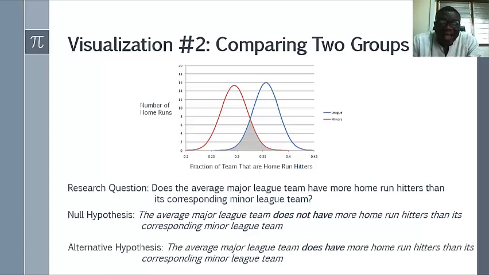The "does not have" is bolded for emphasis. Now the alternative hypothesis for this research question is that the average major league team does have more home run hitters than its corresponding minor league team. The "does have" is bolded for emphasis.